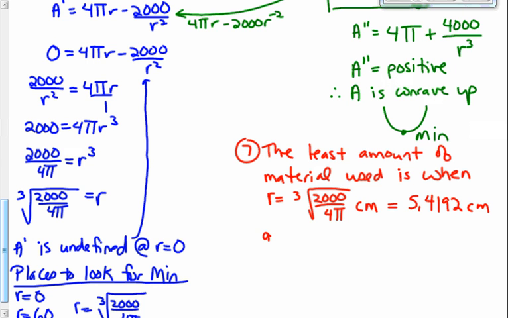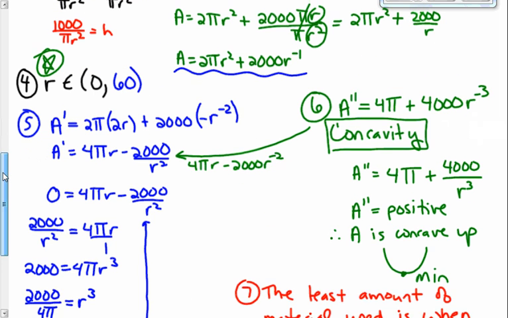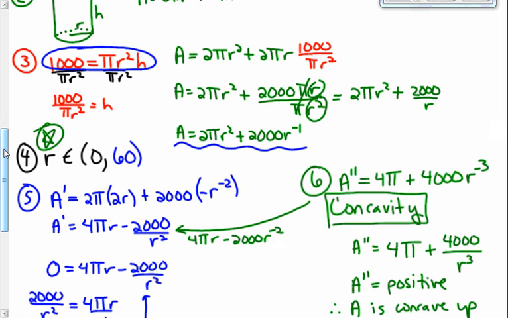And we also need a height because we needed the dimensions. So all I did was I took the height and the radius, and I plugged it in. I'm going to move my screen for a moment. I plugged it into step 3, circling in red. I square the radius and take 1,000 divided by pi times the radius squared. That gives me my height, so I'm literally just going to plug in like that.